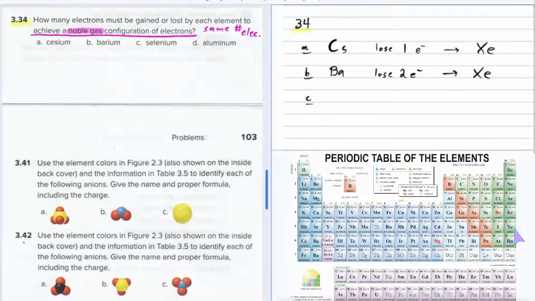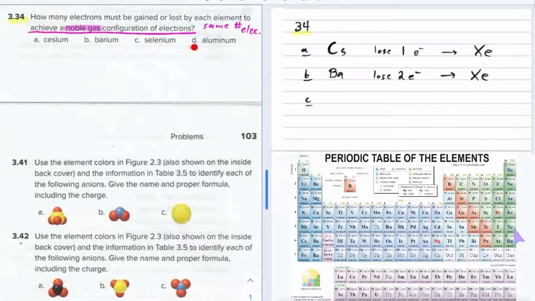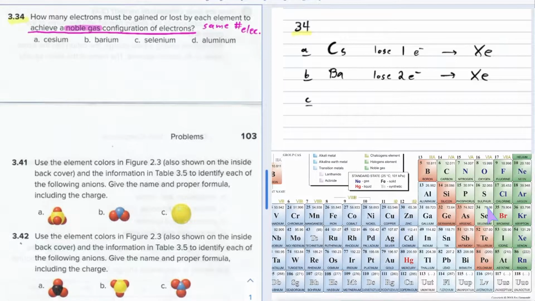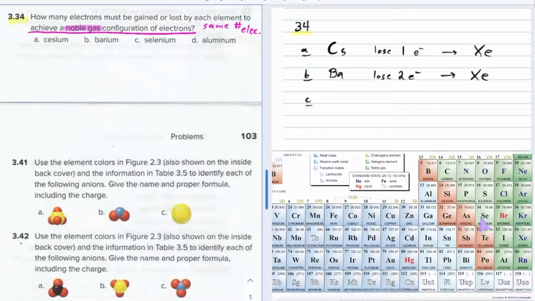The next one is selenium. Selenium is a nonmetal, so you'll find selenium over here. It's in the oxygen column, so group 6A. Here's selenium, and you could lose a bunch of electrons to be like argon, or you could simply gain 2 to be like krypton.